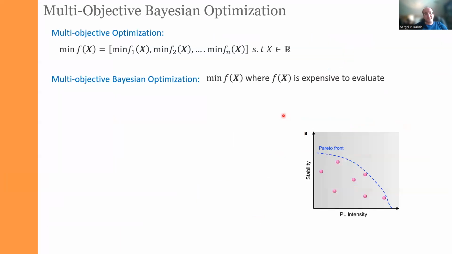So the first question is, how do we even do optimization in the cases when there are multiple functions that we want to optimize? The simplest way is to define some cost function, some objective function, which provides a combination of individual characteristics.